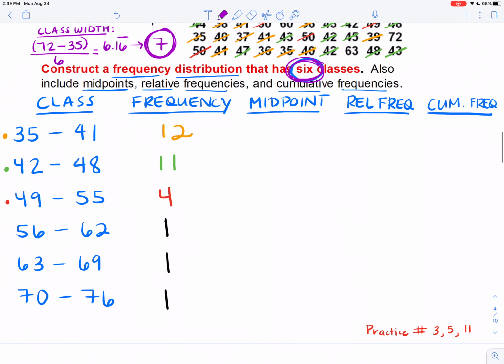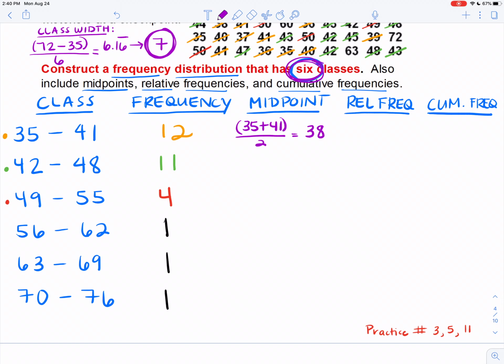For example, in class number 1, my limits are 35 and 41. If I add those together, 35 plus 41 is 76, and if I divide that by 2, I get a midpoint of 38. That's the value halfway in between 35 and 41.